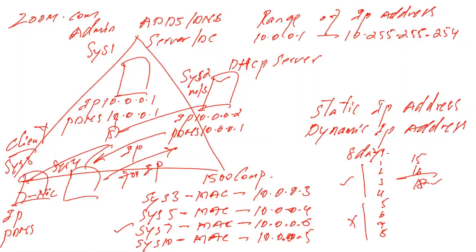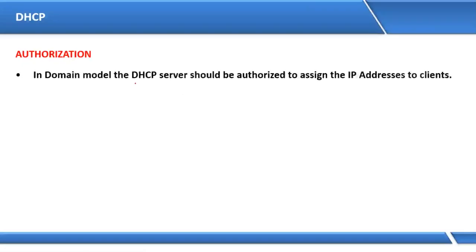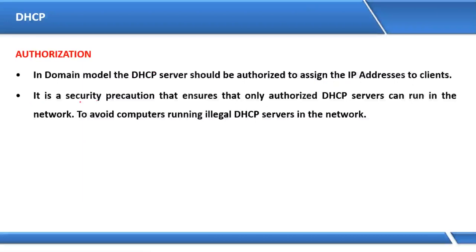That's why Microsoft is saying that in our domain model, the DHCP server should be authorized to assign IP addresses to clients. The reason is that it is a security precaution that ensures only an authorized DHCP server can run in the network, to avoid a computer running an illegal DHCP server.